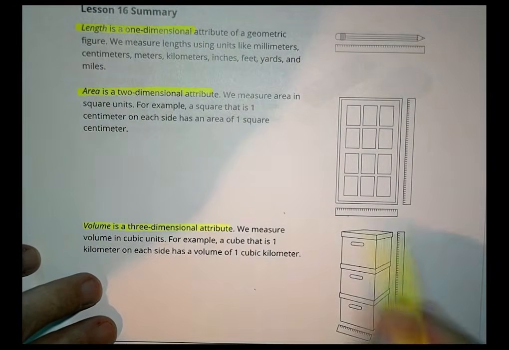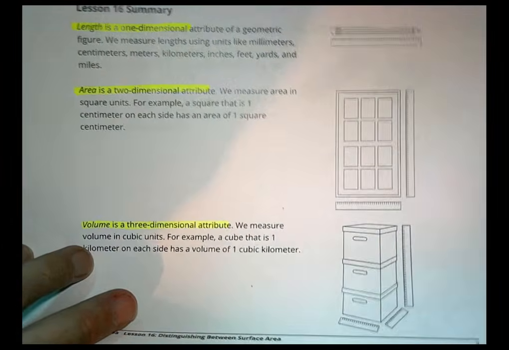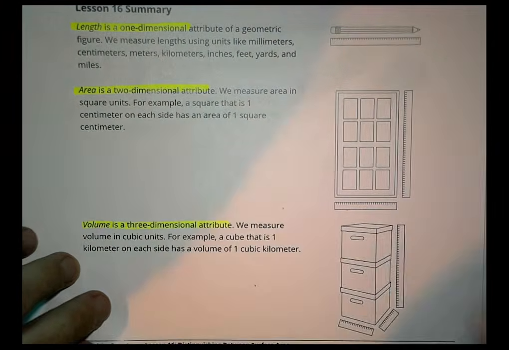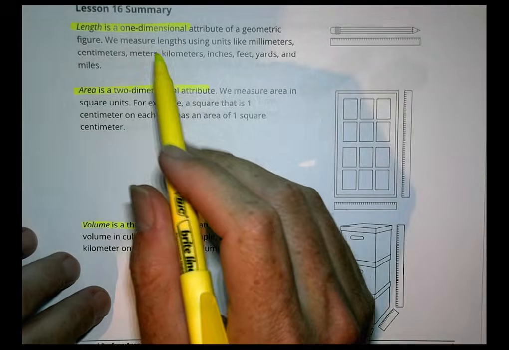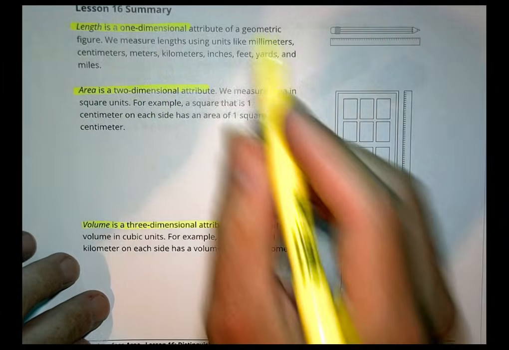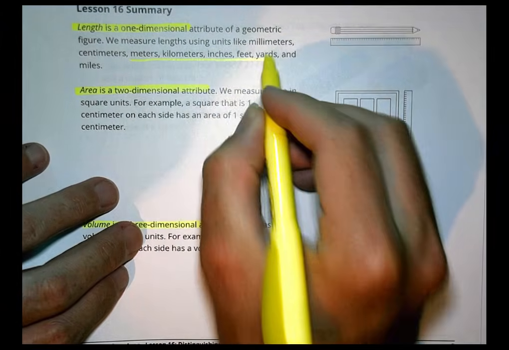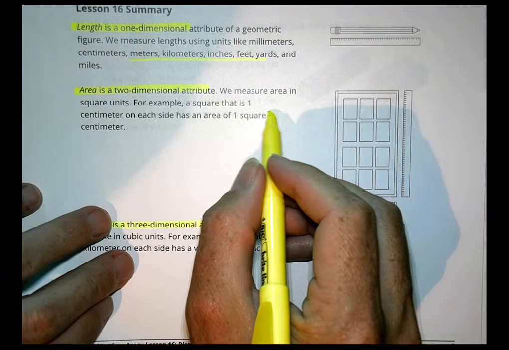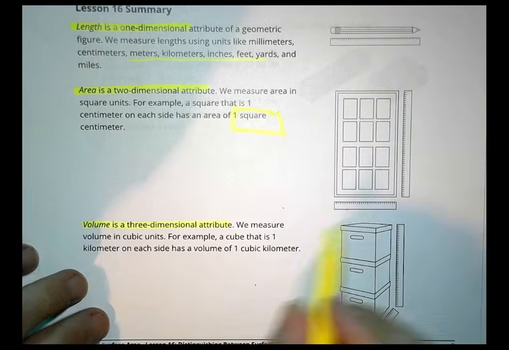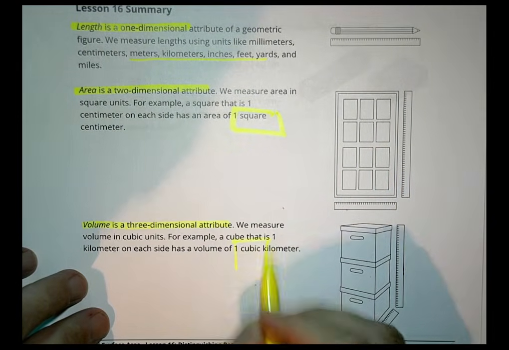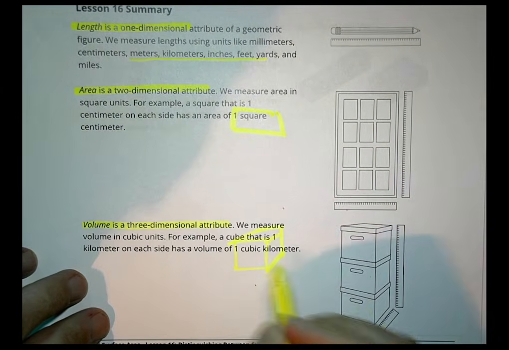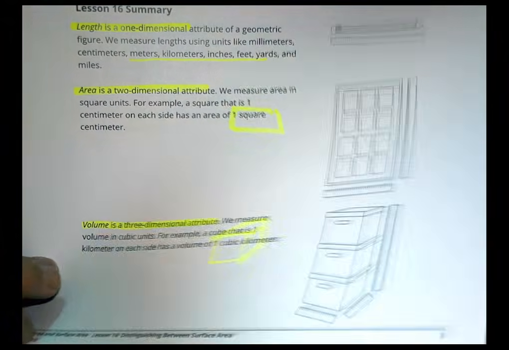So having a filing cabinet, a refrigerator, something along those lines. And so you use different measurements for a length and an area and a volume. Okay, so these are going to all be things like meters, kilometers, inches, feet. Area is going to have a square centimeter, and then a volume is going to be cubic. Okay, so keep those things in mind.